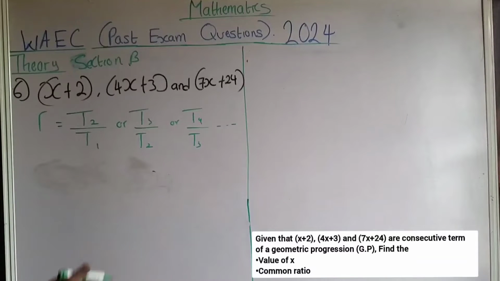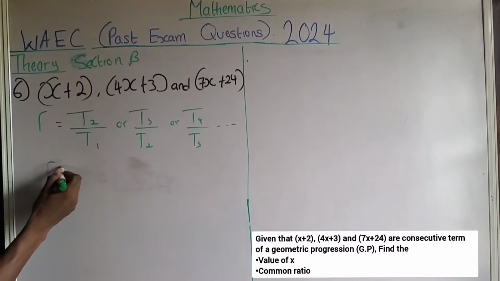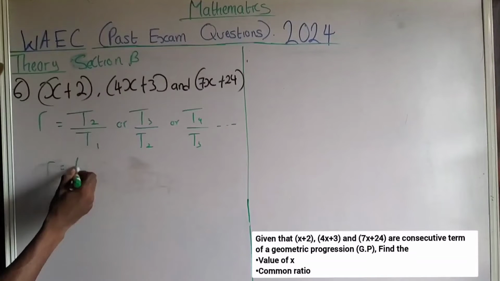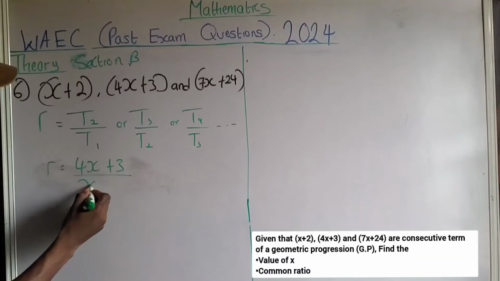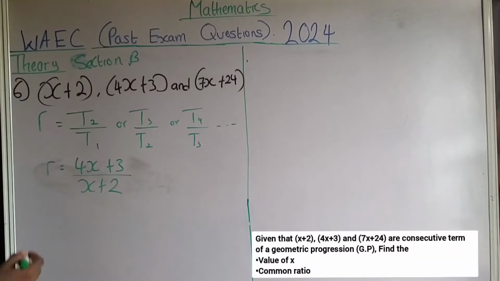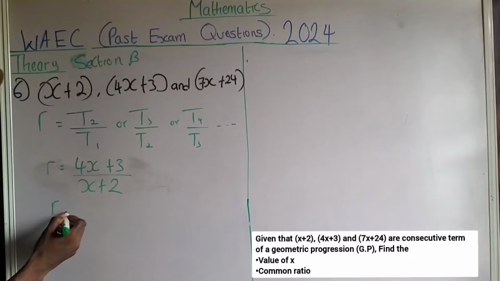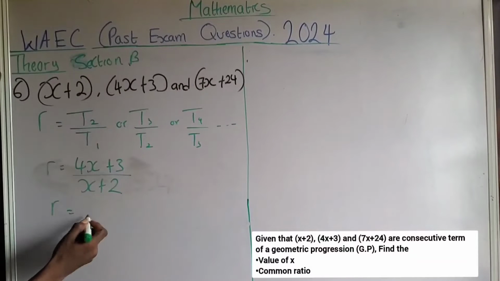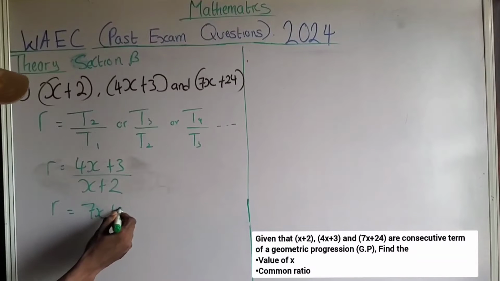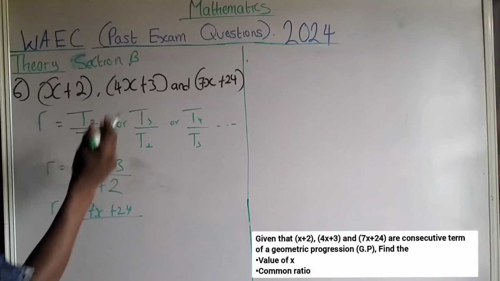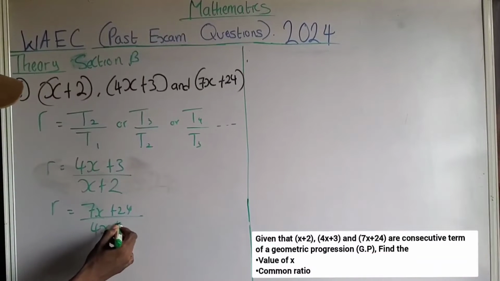Let's take the common ratio. The common ratio is equal to T2, which is 4x plus 3, all over x plus 2. The common ratio can also be 7x plus 24 all over 4x plus 3 as well.